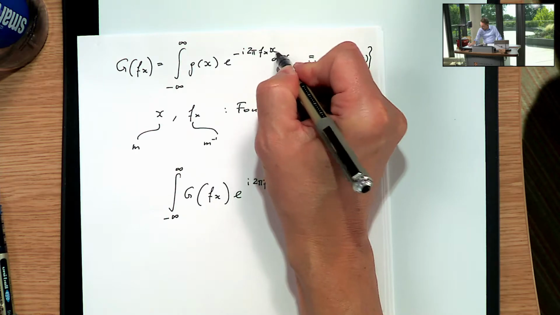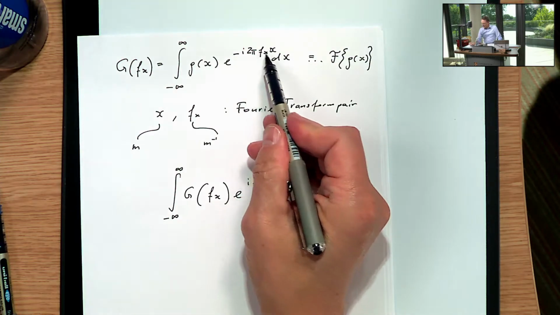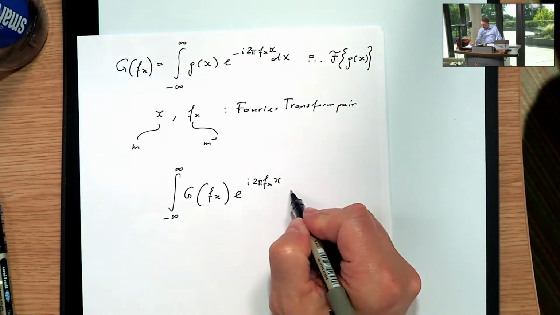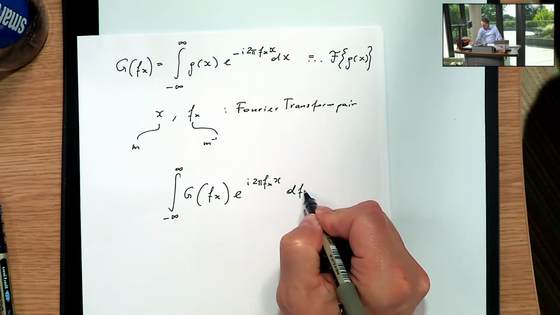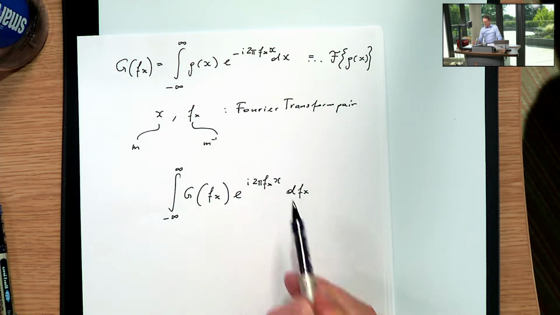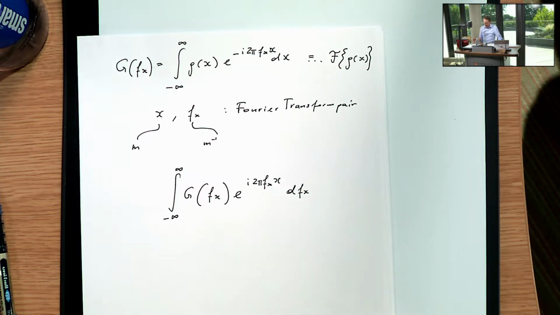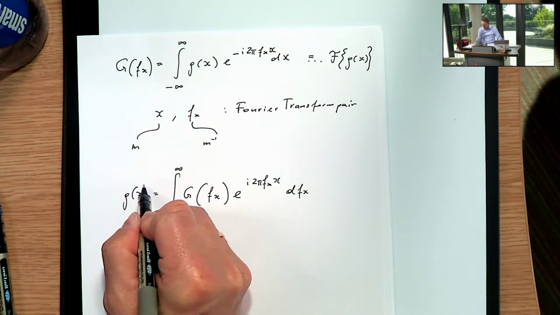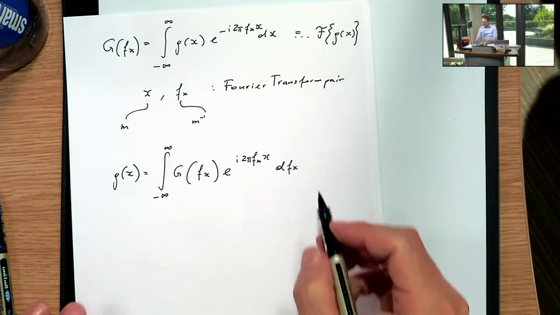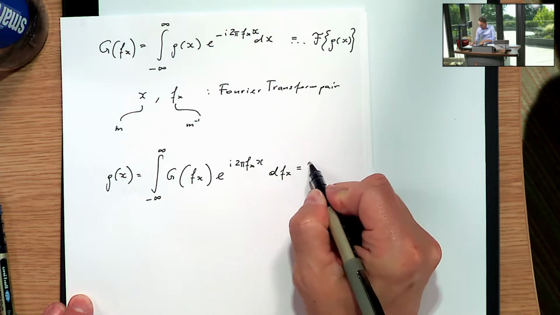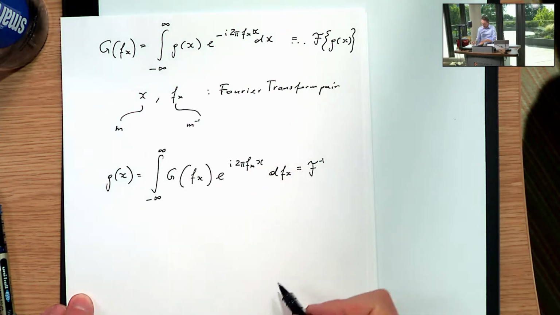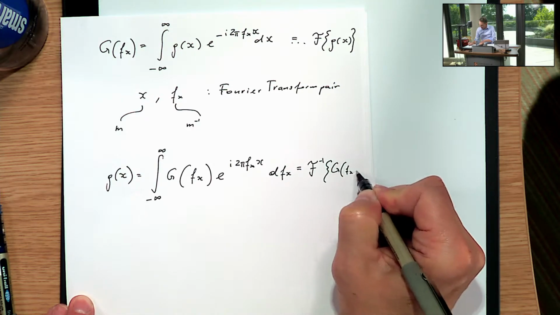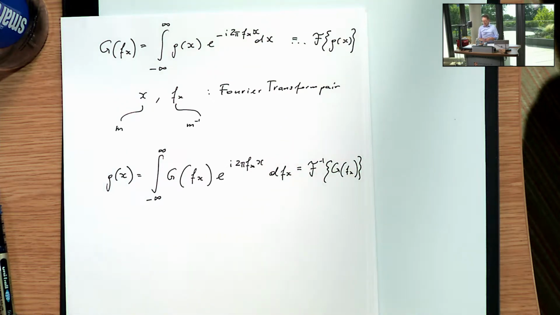Oh, there's an x missing. That's the spatial frequency along x, and that's the real space coordinate. So now we are integrating with respect to the frequency components, and so that becomes g of x. This is called the inverse Fourier transform of g of fx.